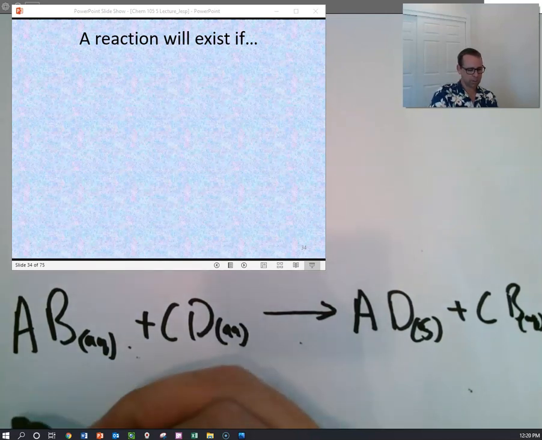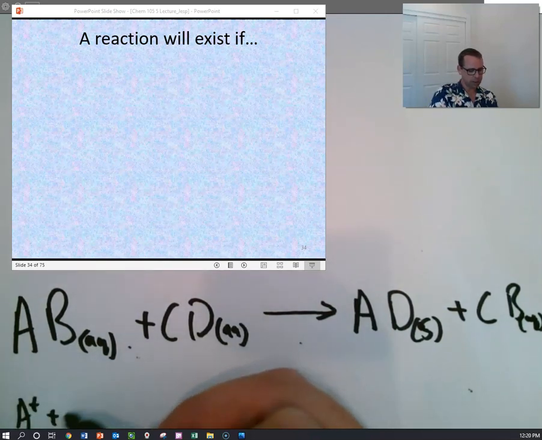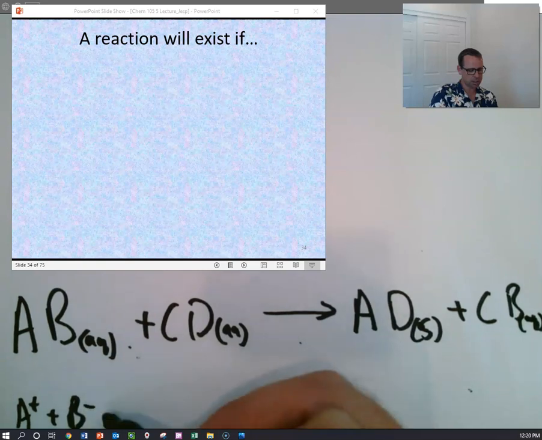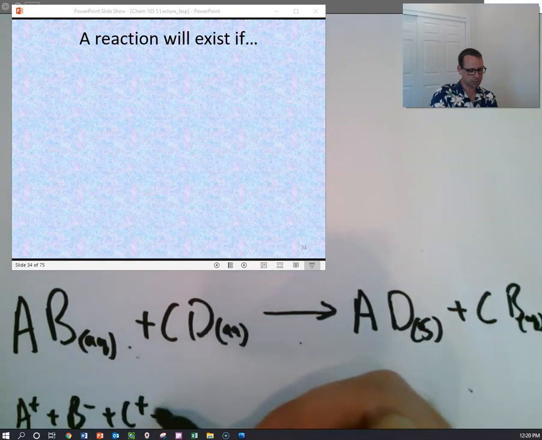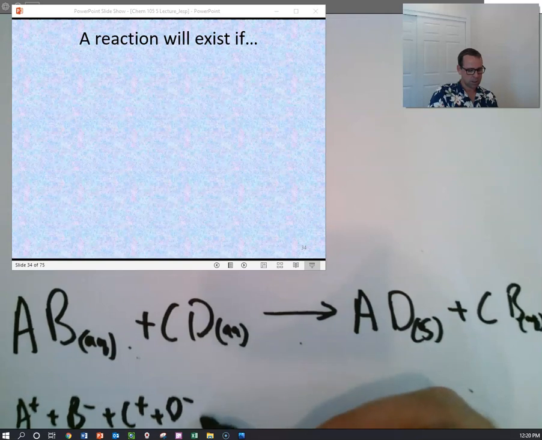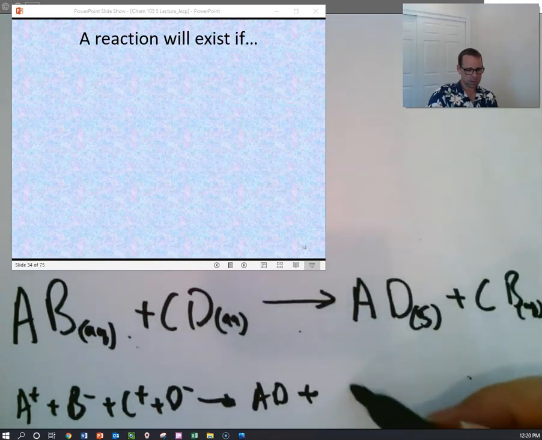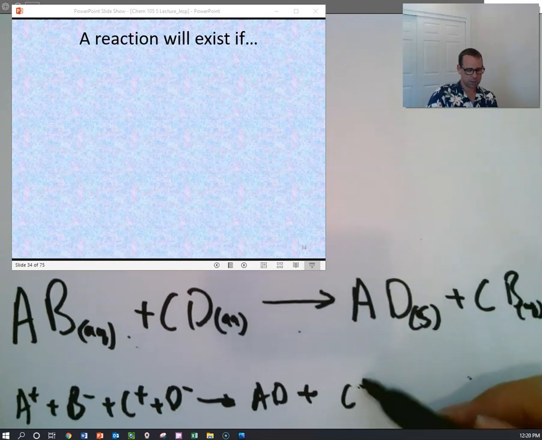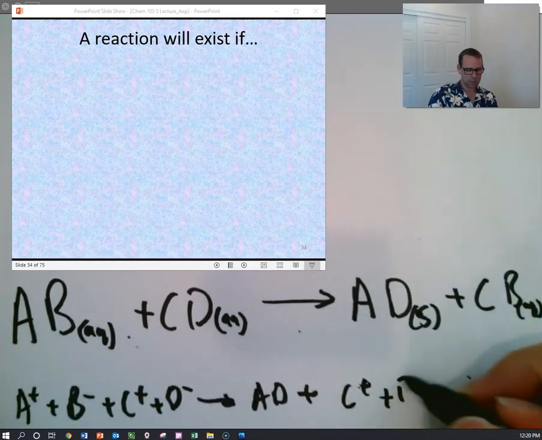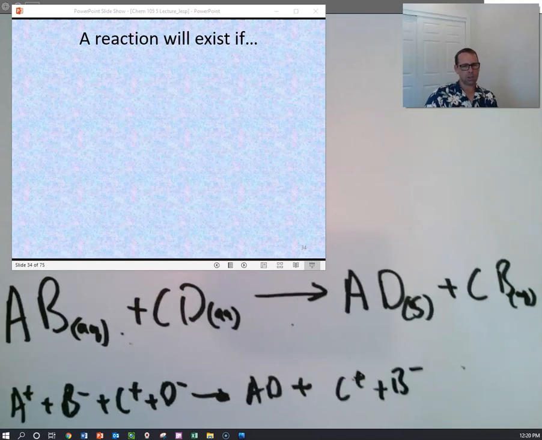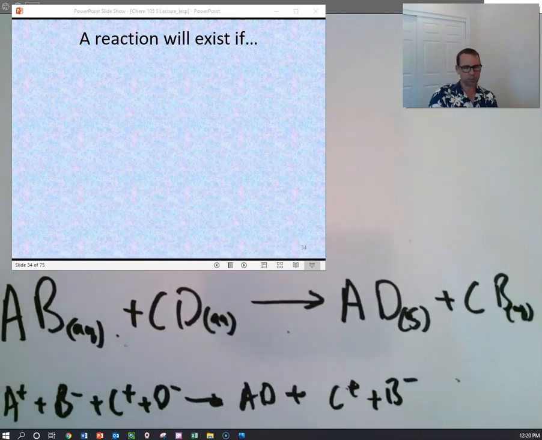And remember that we can rewrite it so that we have an ionic equation, B minus plus C plus D minus. And the product is AD plus C, it's a cation, and B is an anion, right? So we have this general formula for chemical reaction, and this is called a metathesis reaction.